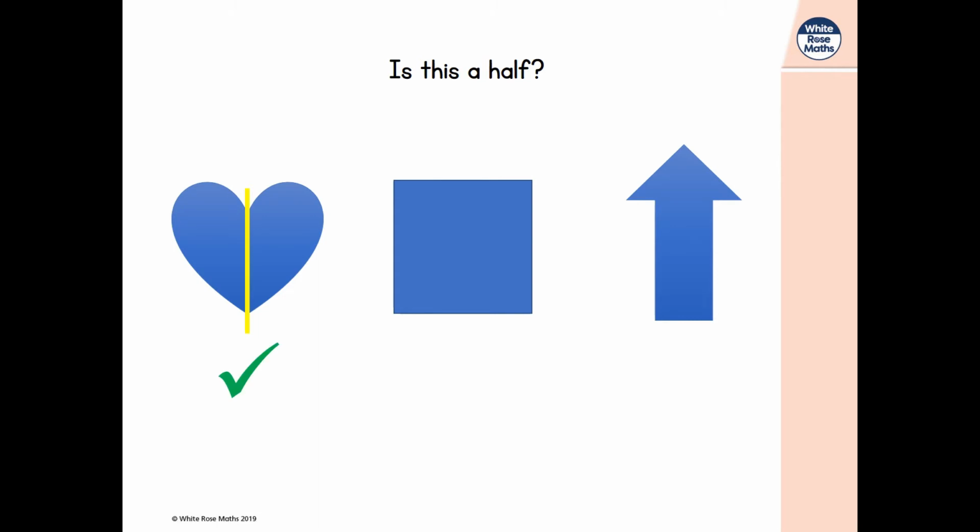Yes, it shows 2 equal pieces, both the same size. How about this? Is this a half? Yes, 2 equal pieces. One of those would be a half. And finally, the arrow. Is this a half? Yes, one of those 2 equal pieces would be a half.